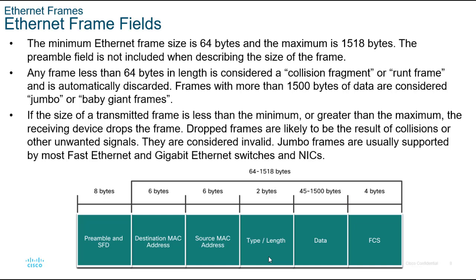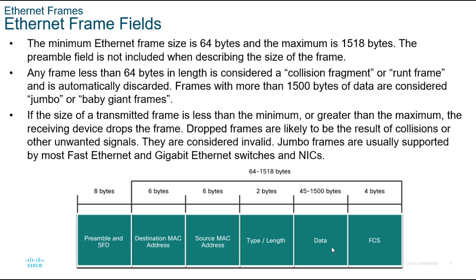Towards the middle of the frame is the 2 byte type length field, sometimes also called the EtherType field, where the LLC layer provides a hexadecimal code identifying the upper layer network protocol being encapsulated inside the frame. An IP version 4 packet is coded hexadecimal 0800, and an IP version 6 packet has the hex value 86DD.